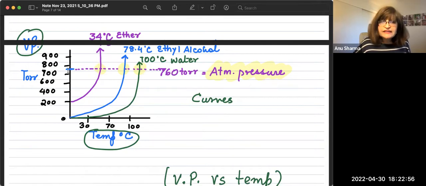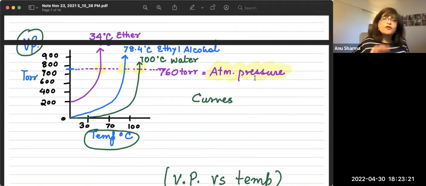So at 760 torr, if you extrapolate, you see that the ether would boil somewhere above 30, maybe about 34 degrees Celsius.